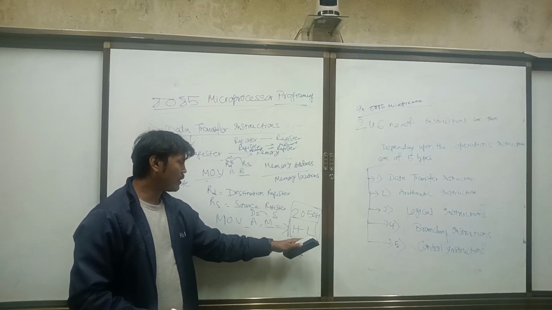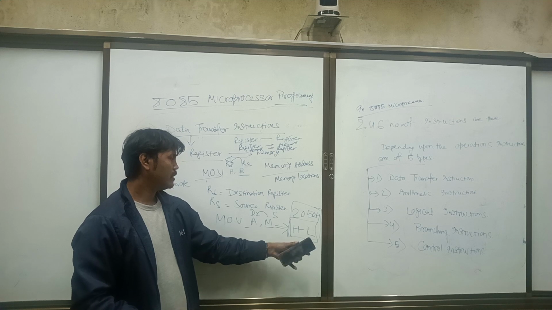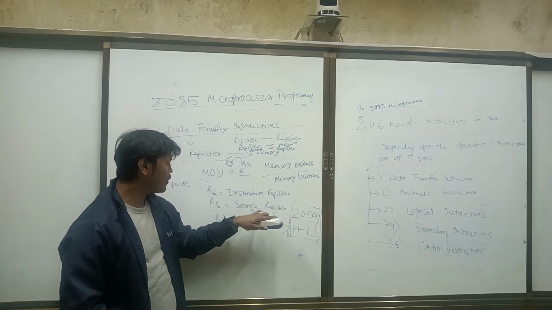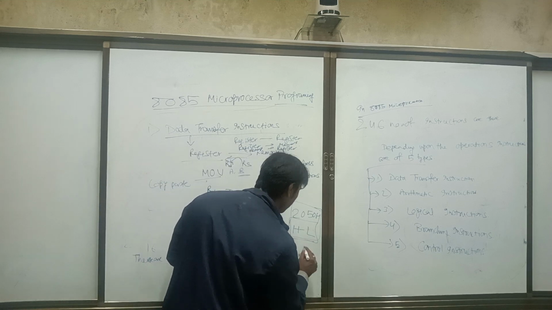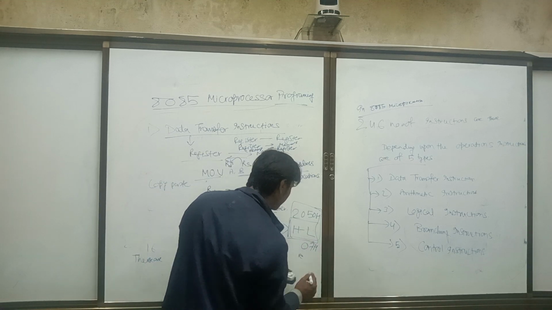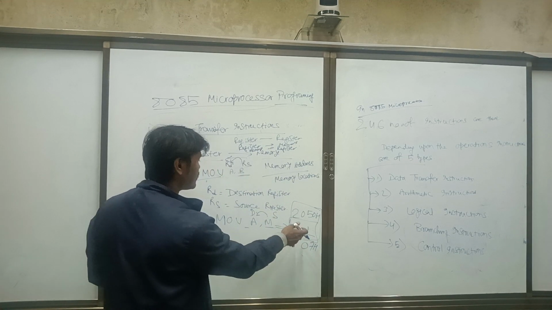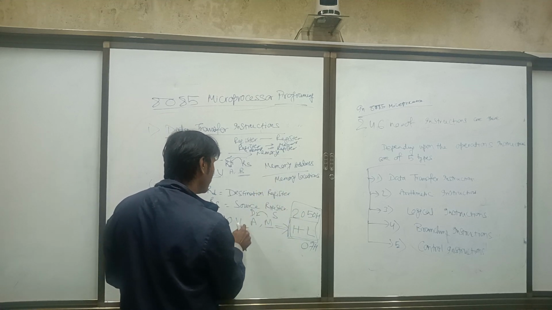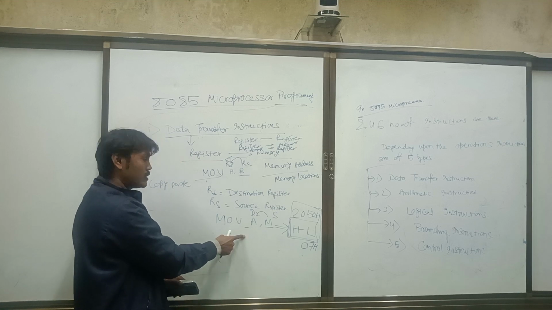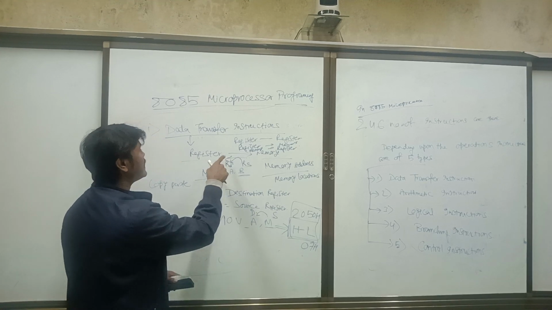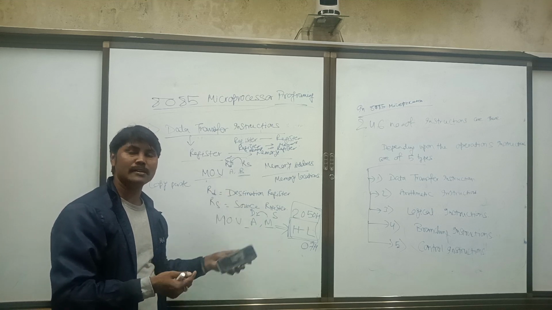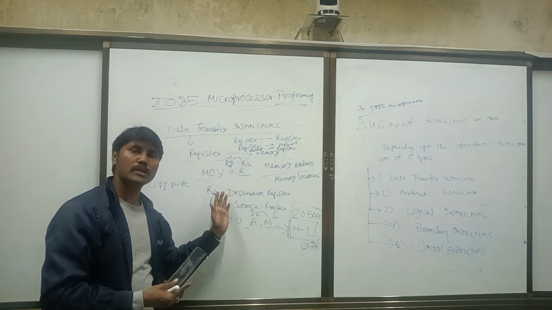Now the content of this memory location will be moved. Suppose in this memory location I have 07H. So this 07H in memory location 2058 should be moved, copied into the accumulator. Right. So we have data transfer from register to register, memory to register, and register to memory.